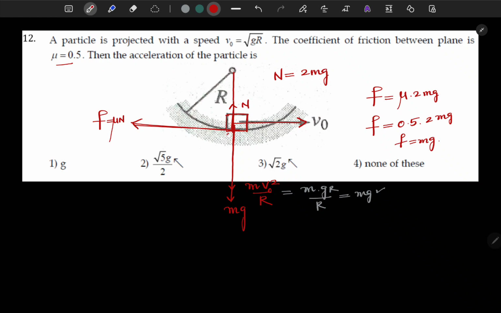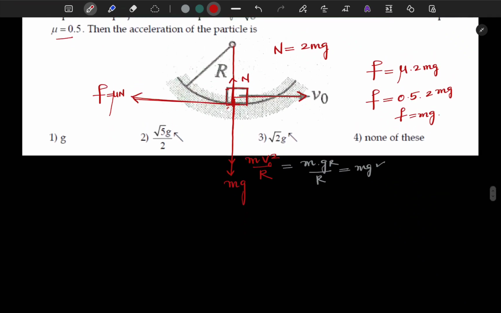Now the acceleration. You must know that for any particle which is moving in a circular path, there are two accelerations. One is centripetal acceleration, the other is tangential acceleration. So now this is moving in a circular path like this.